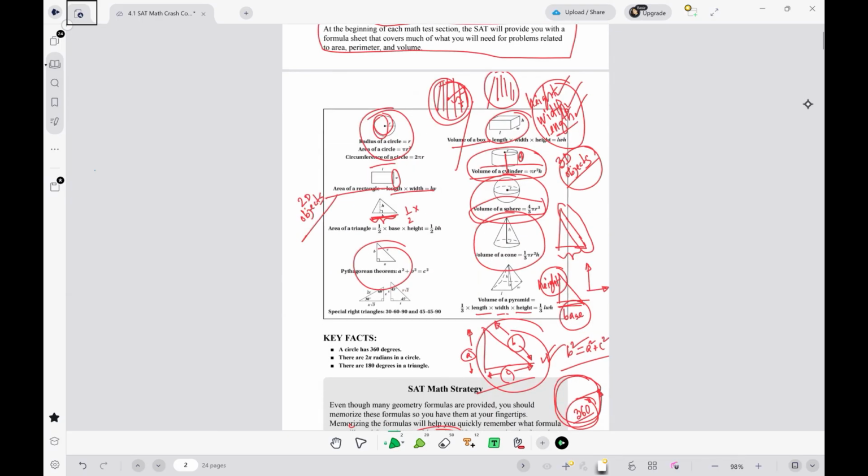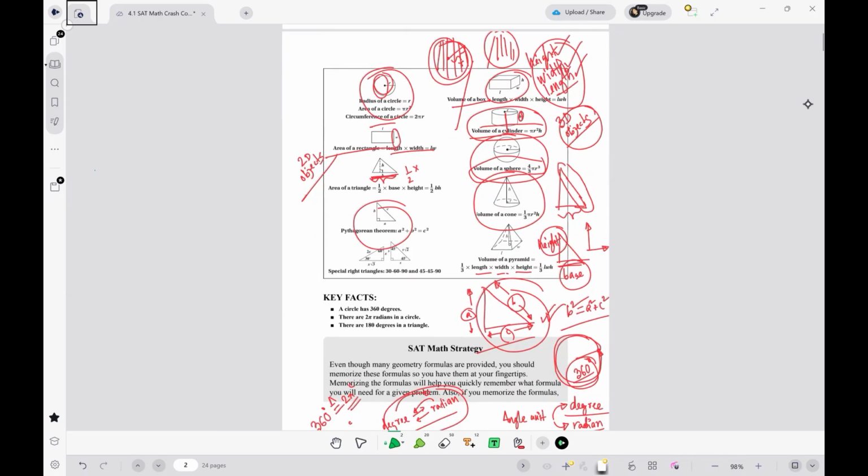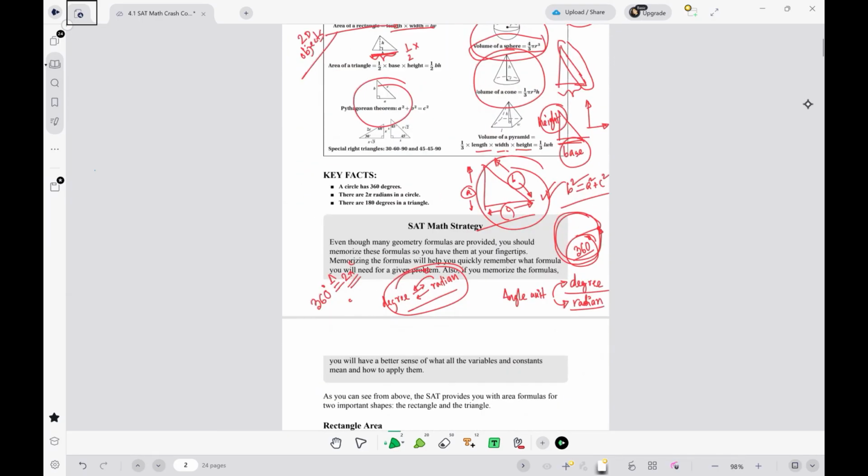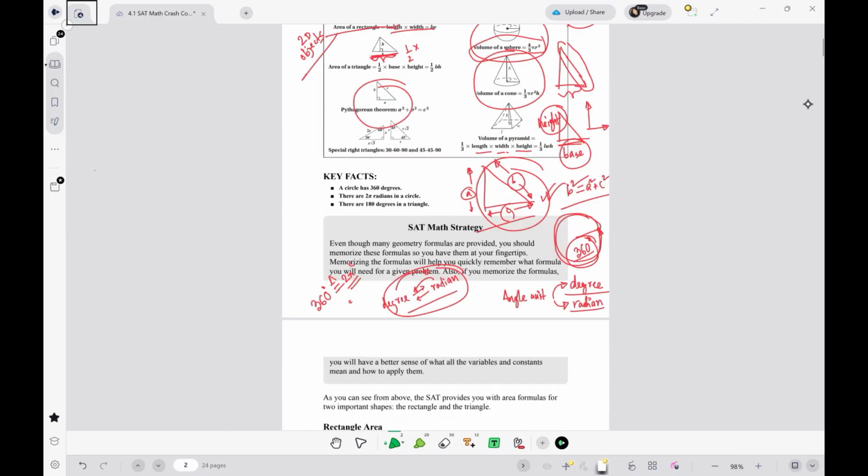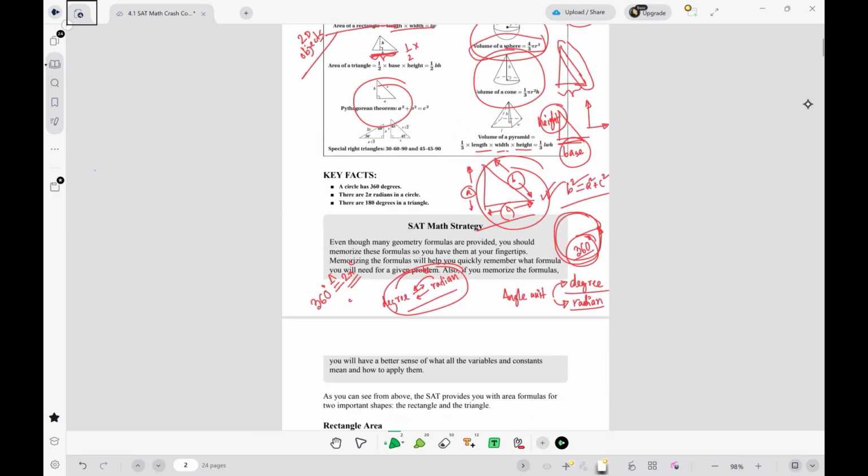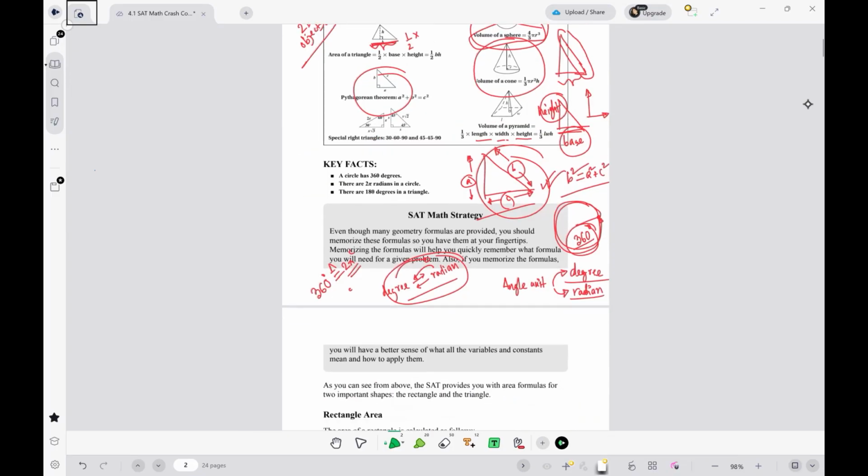Then we came to know that the SAT test taker will give us the formula, so we definitely don't need to remember the formula.